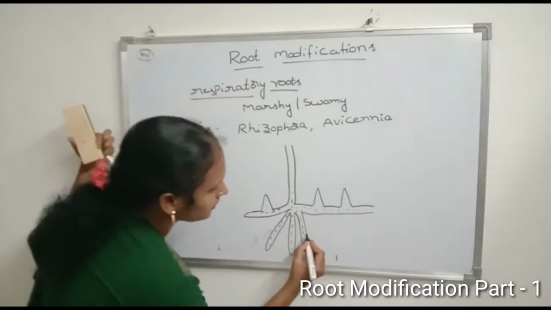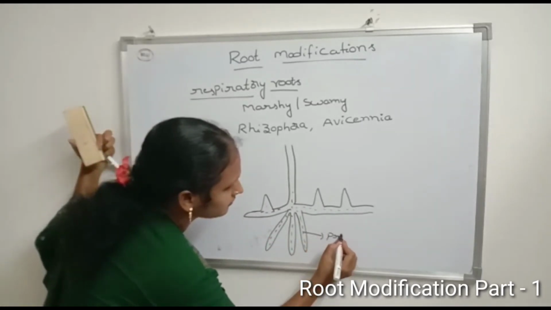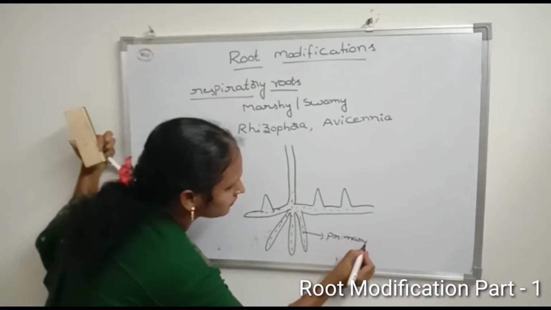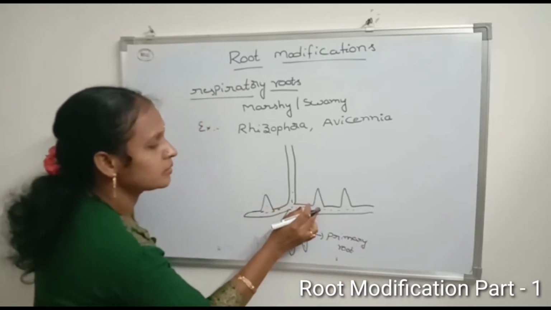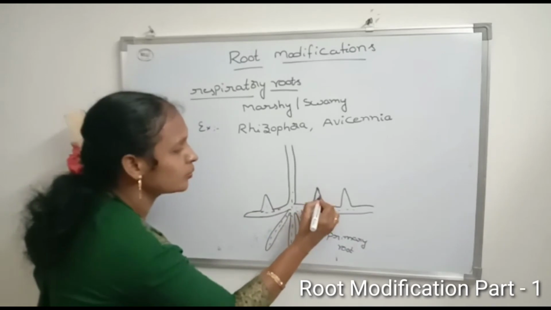The aerial roots appear in a conical shape.